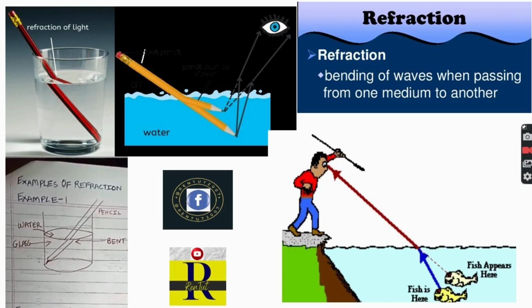So my question to you: the image which is shown on top, right below the level of water, is it a real image or a virtual image? And the image which is shown at the bottom, right below it, is it a real image or a virtual image?